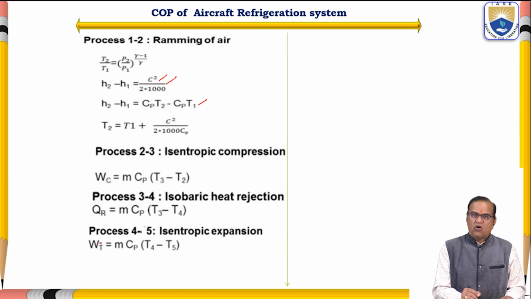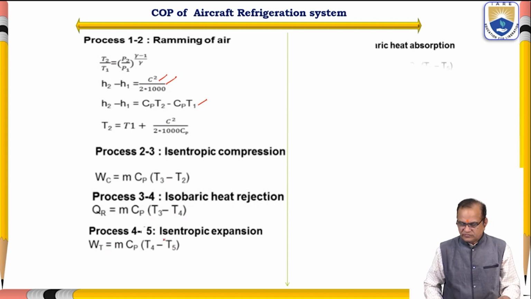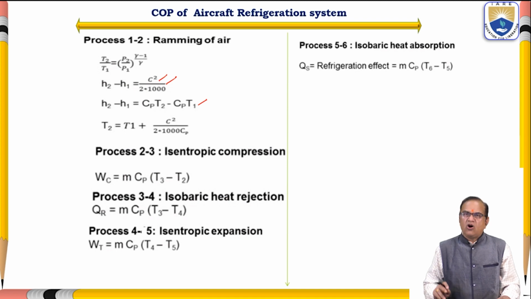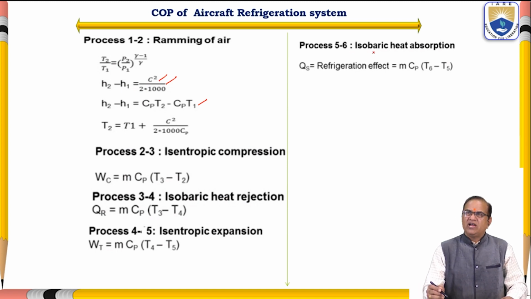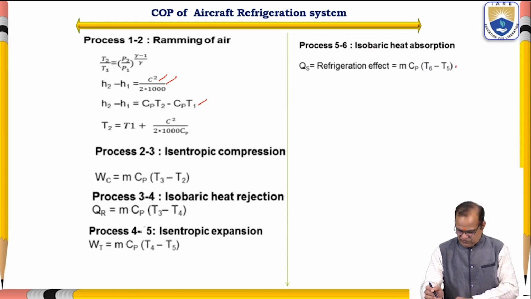So here the work of the turbine which is producing, it is extracting heat and cooling, m Cp (T4 minus T5). Now the process 5-6 is an isobaric heat absorption. Here the refrigeration effect is taking place. So here it is m Cp (T6 minus T5).